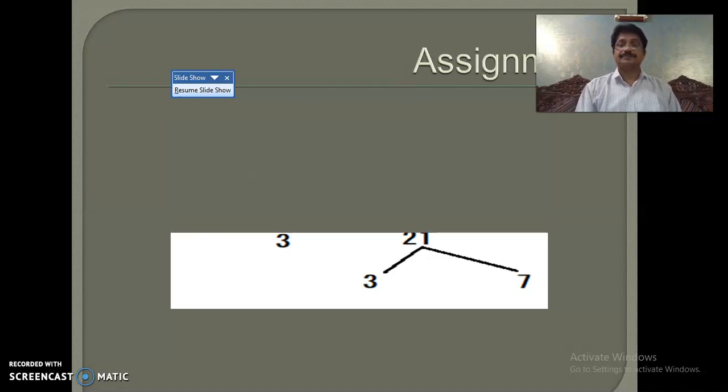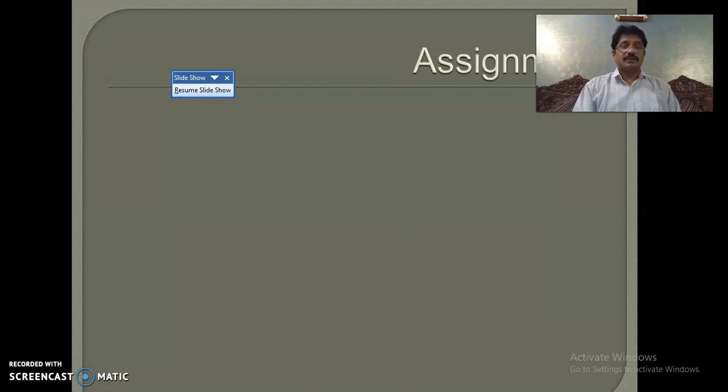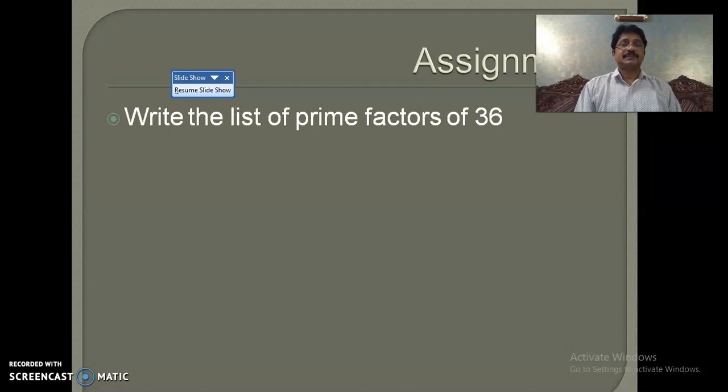Clear? Okay. Now we will observe one more thing. I will give you an assignment. Do it and perform the tasks perfectly. The first one is to write the list of prime factors of 36. What you have to do is divide with 2 first, then go for 3, and if it is possible, go for 5, following the process.